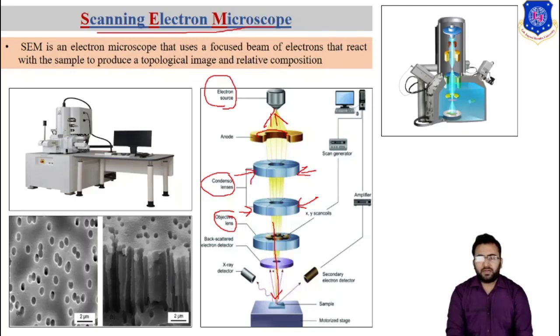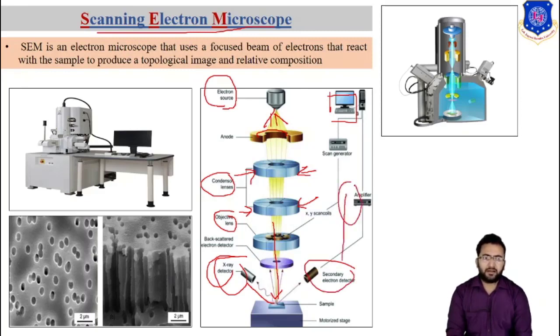After the electrons strike the surface, they are detected by the X-ray detector and the image is generated on the PC or computer. The generated image is sensed by the X-ray detector and the secondary electron detector, which amplify the image and send it to the computer.